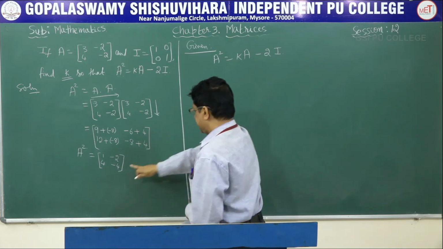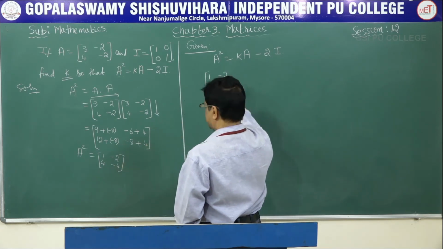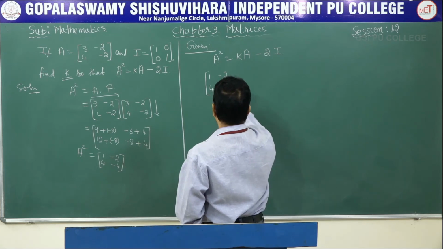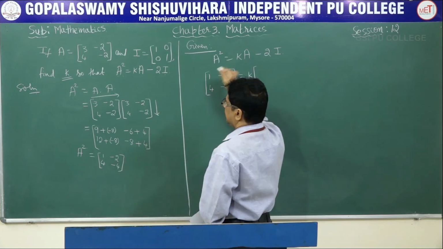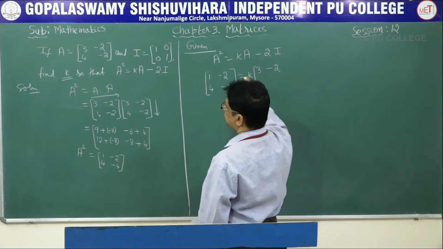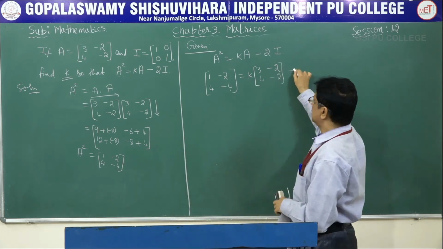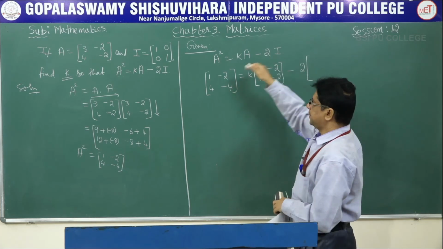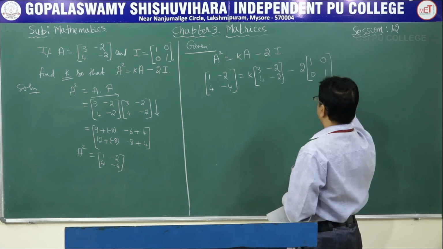So A square is 1 minus 2, 4 minus 4. That will be equal to K into A. A matrix is the given matrix, 3 minus 2, 4 minus 2, minus 2 into identity matrix 1, 0, 0, 1.